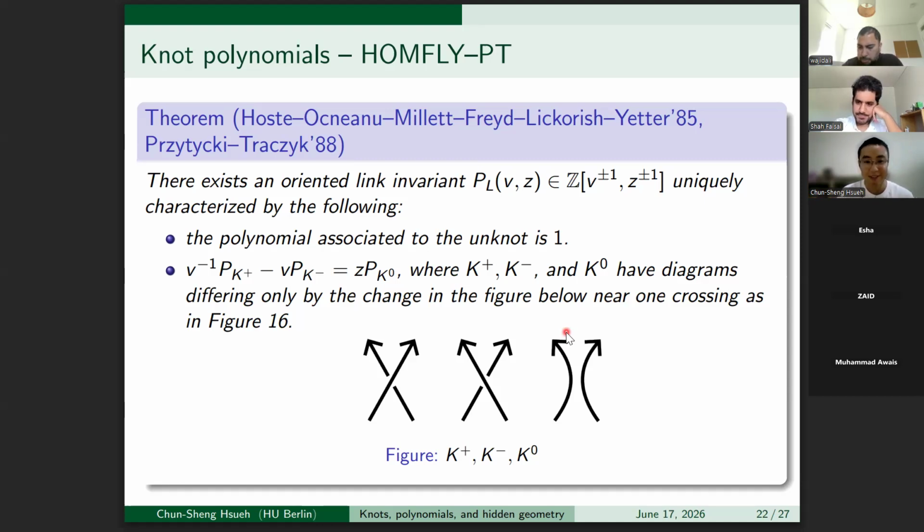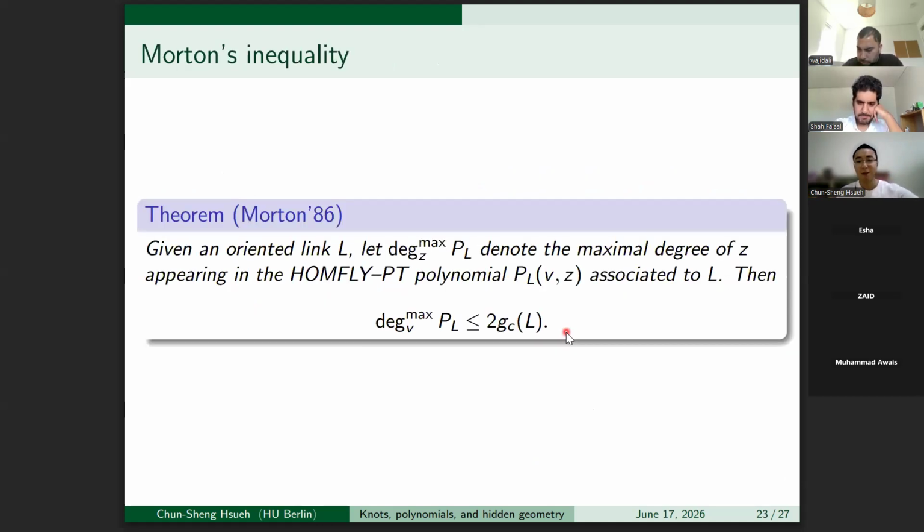Okay, and this is just one application of this HOMFLY polynomial. With this thing, degree max z of the HOMFLY-PT polynomial, I'm just denoting the maximal degree, the maximal power of the z variable.